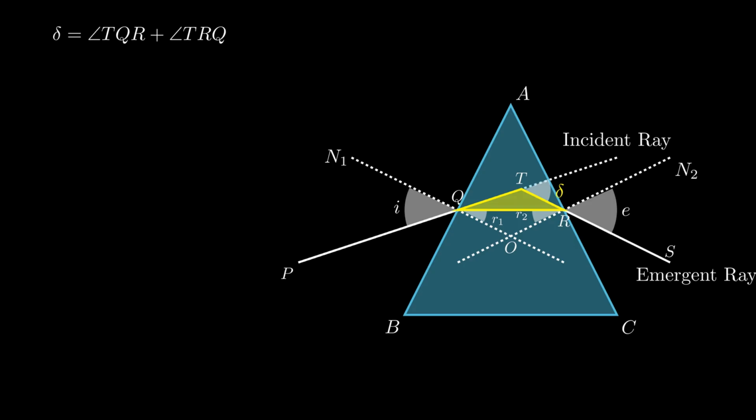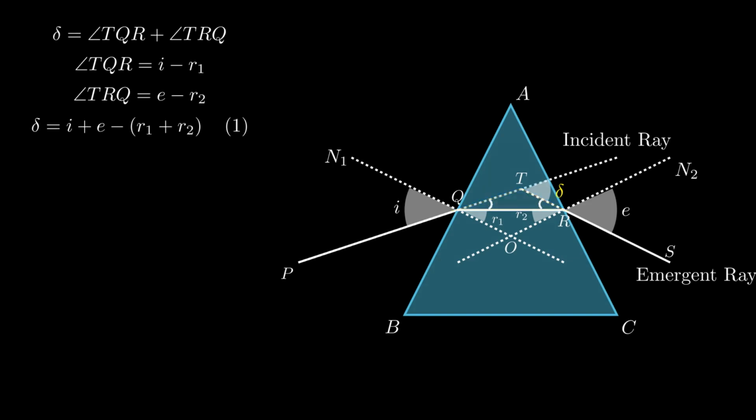From the figure, it should be clear that angle TQR is equal to I minus R1 and angle TRQ is equal to E minus R2. Putting these values in the above equation, we get delta equals (I minus R1) plus (E minus R2). We can rearrange this equation to get delta equals (I plus E) minus (R1 plus R2).